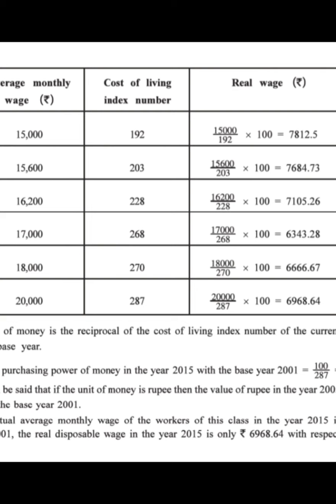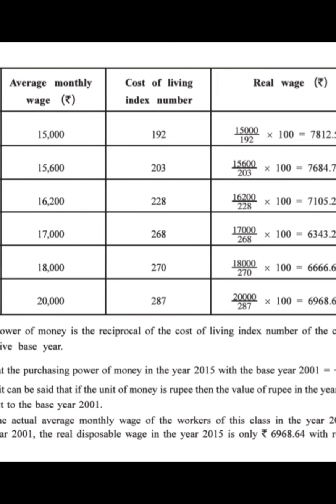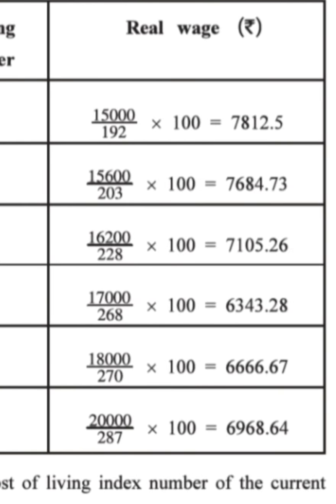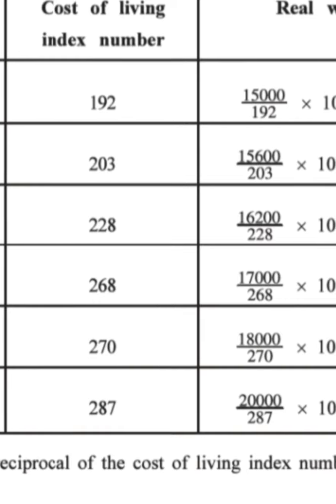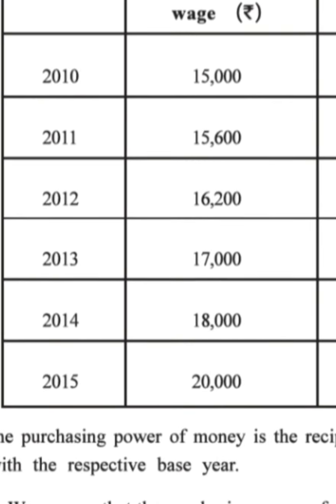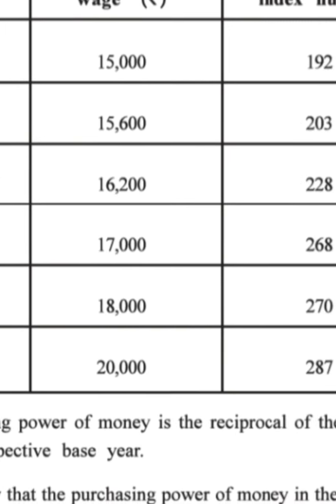Similarly, take 15,600 in the numerator, the average monthly wage, divided by 203 into 100, which gives you 7,684.73. That is for the year 2011. Subsequently, you are going to find it till 2015.